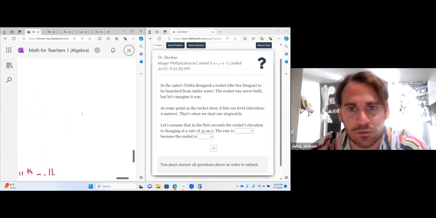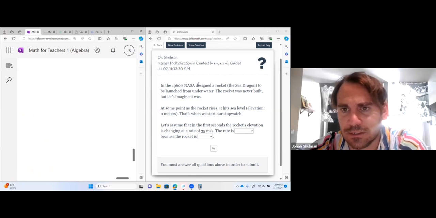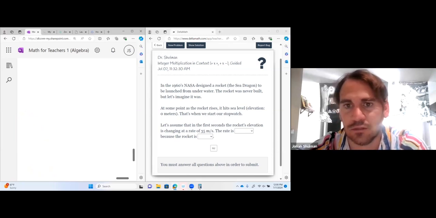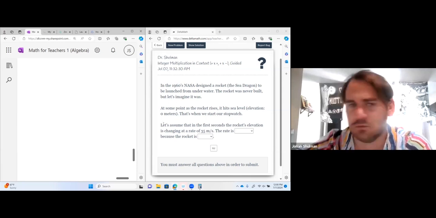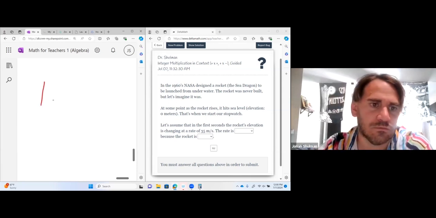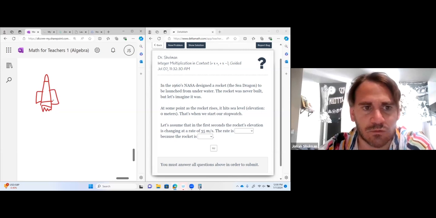Okay, so let's try this one. In the 1960s, NASA designed a rocket, the Sea Dragon, to be launched from underwater. The rocket was never built, but let's imagine it was. So we have a rocket. Here's my rocket, the Sea Dragon.